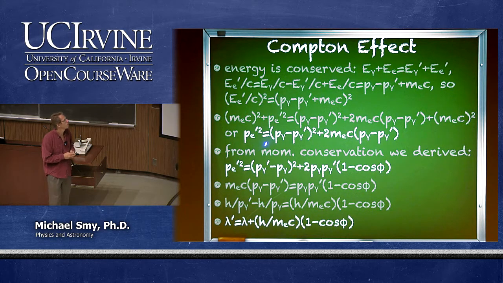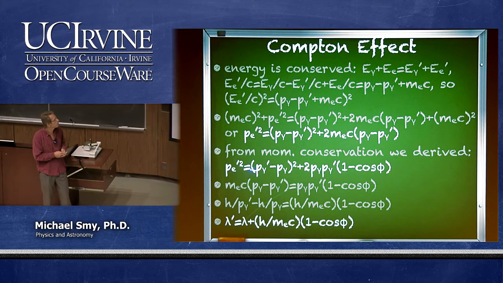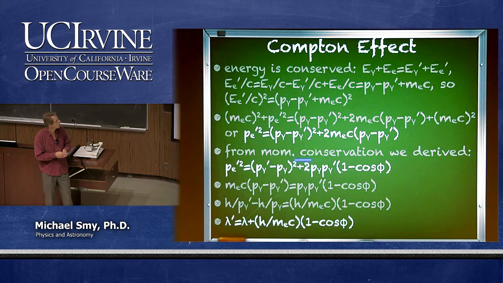But I already have a relation for that coming from momentum conservation, which we had derived on the previous page. So I can set those two things equal, and the first term is identical, so that cancels out, and the factor of 2 cancels out. So I'm just left with this term equaling that term.